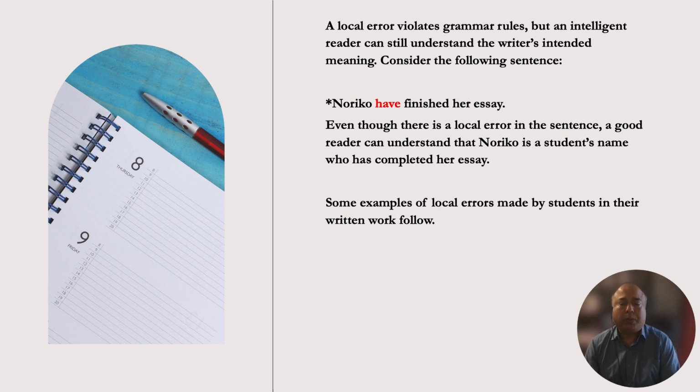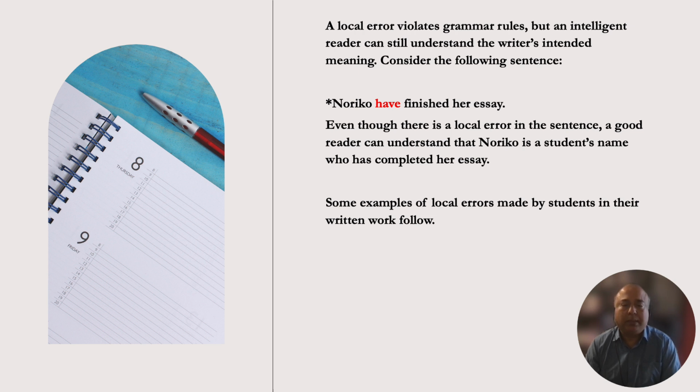Okay, so local errors, as I just explained, may have violated a grammar rule, but a good reader, an intelligent reader, can still understand the meaning. So, "Noriko have finished her essay." The meaning is clear. Noriko is a student. The verb is finish.